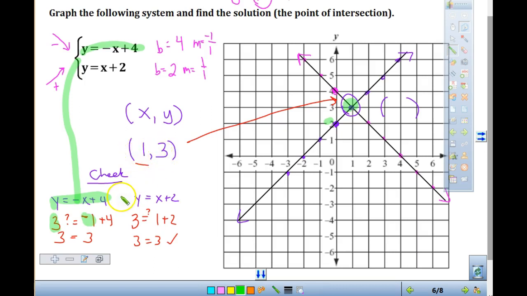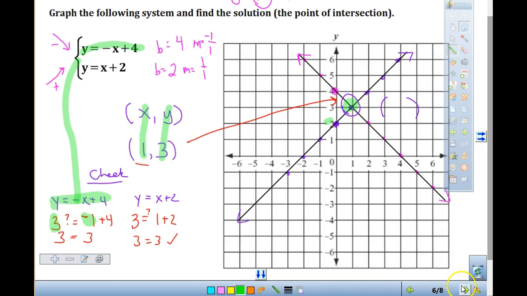And then how do you get the number 1? Well, give me the negative. So here, because this was negative in front of x, and my x is 1, and my y was 3. So I replaced the 3 where the y is and the 1 where the x is, as I am looking at it. Okay? So making sure you show the check on each one. Please make sure you do that.